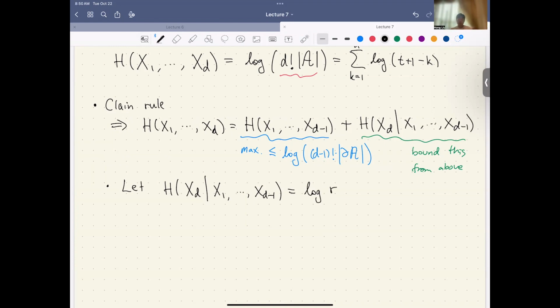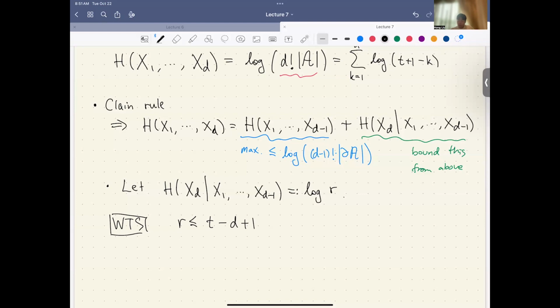We define r so that this is true. We want to show that r is at most t minus d plus 1. This is our goal.